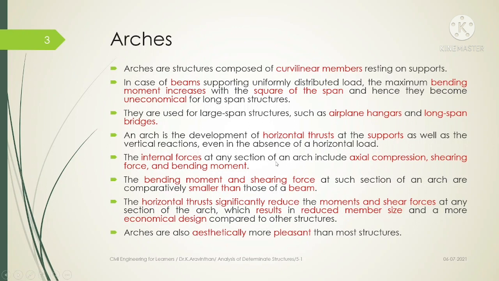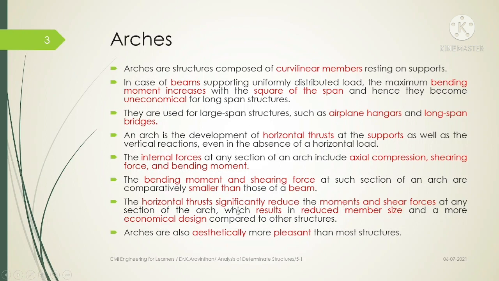And what happens? The bending moment and shear force at any section of an arch are comparatively smaller than those of the beam. So it not only reduces the bending moment, it also reduces the shear force, and the normal thrust significantly reduces the moment and shear force. So who is reducing the bending moment and shear forces? This axial compression. So this axial compression, in other words, is known as the normal thrust.